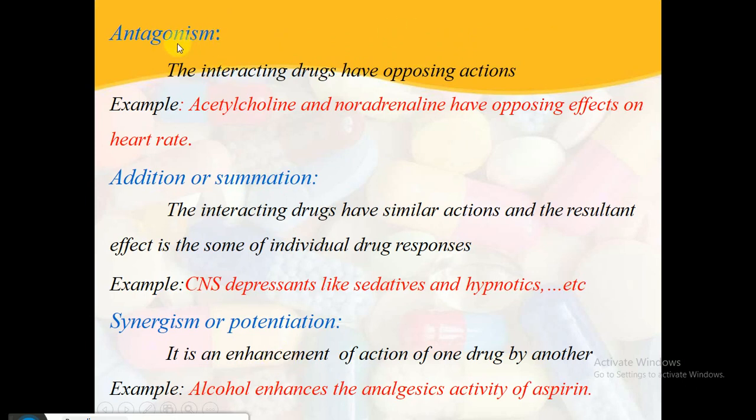Now what is antagonism? In pharmacology, the drug may be an agonist or an antagonist. Agonist means when we need a drug in order to increase the activity of the body, and some drugs are antagonists, or you can say blockers.